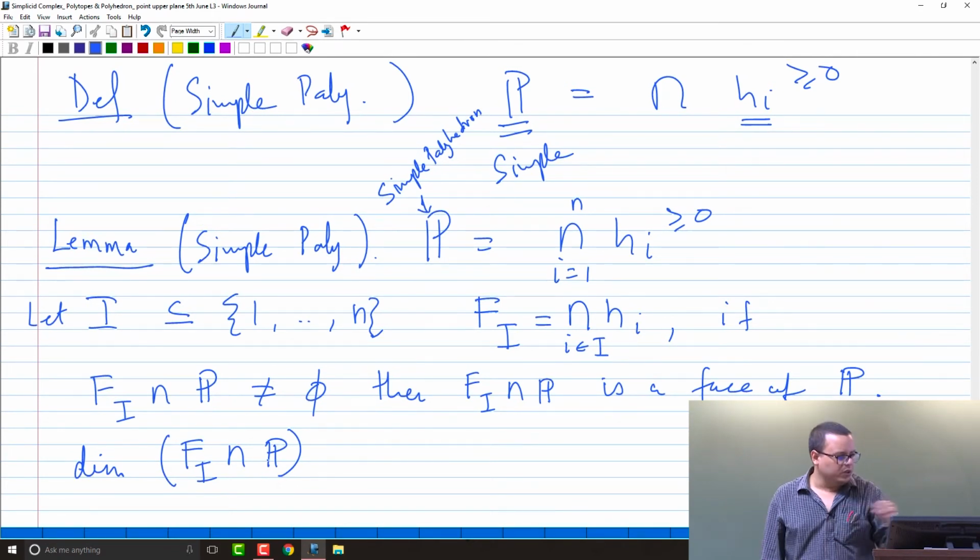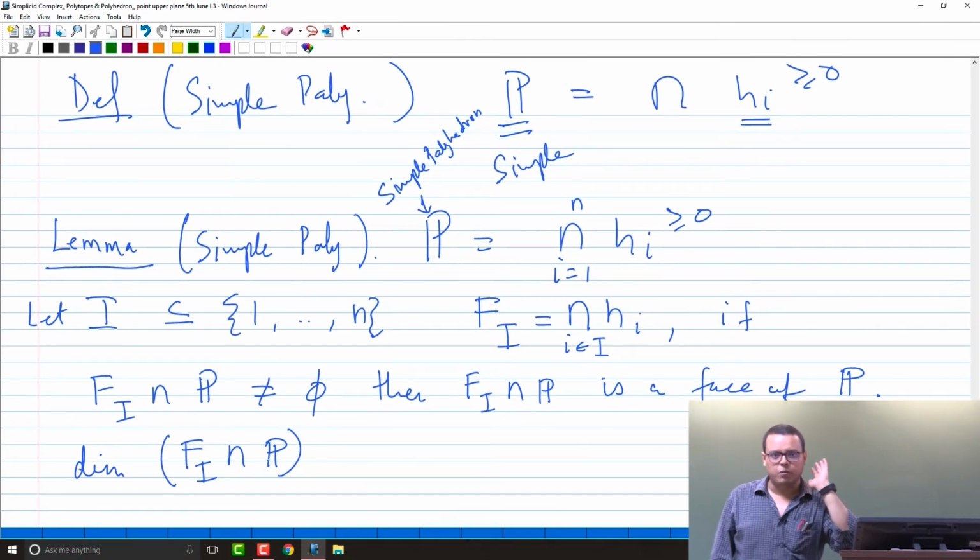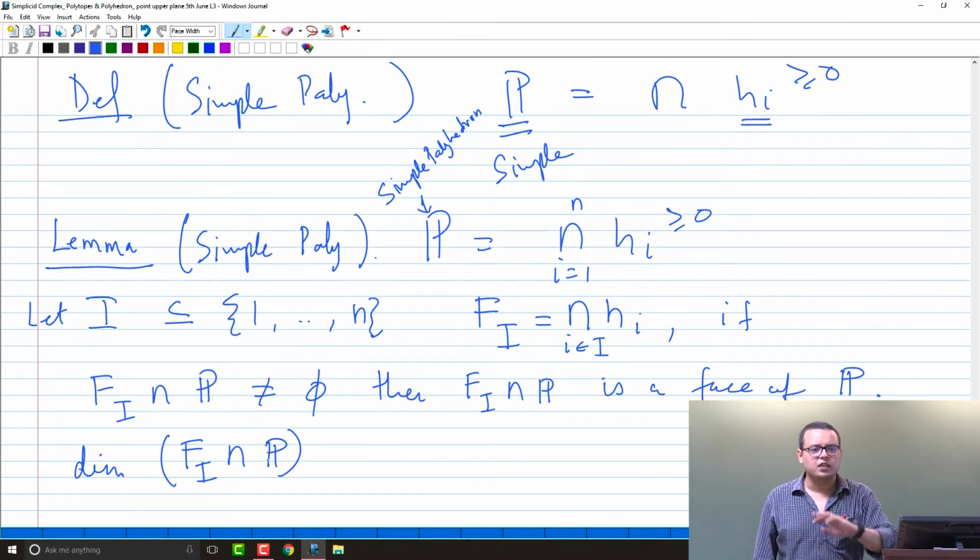Now you select an index subset I from 1 to n, and you define F_I, which is the intersection of all the hyperplanes whose indices are in I. Suppose F_I intersection P is non-empty, then F_I intersection P is a face of your polyhedron.